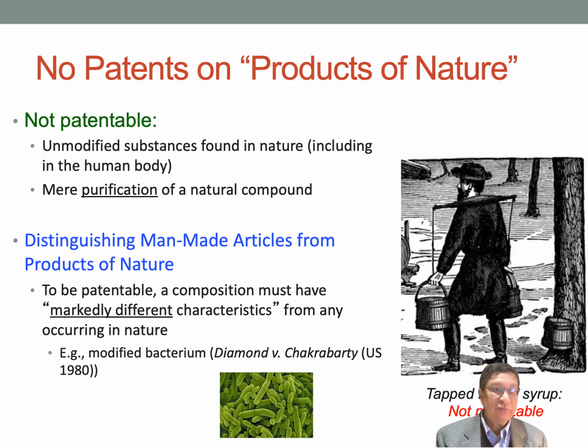To distinguish what can be patentable from products of nature, we talk about articles or substances that are man-made or that are markedly different in some way from the naturally occurring product. So one example used by the Supreme Court in the Myriad case involves a baseball bat.